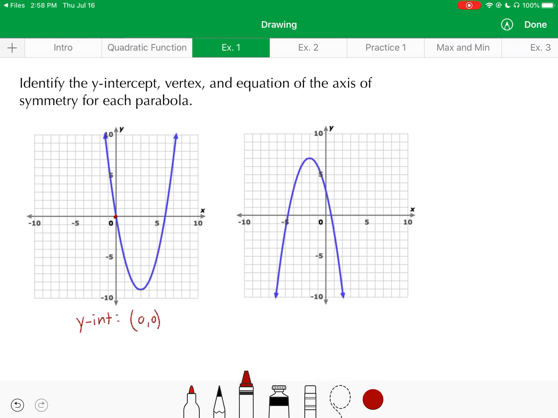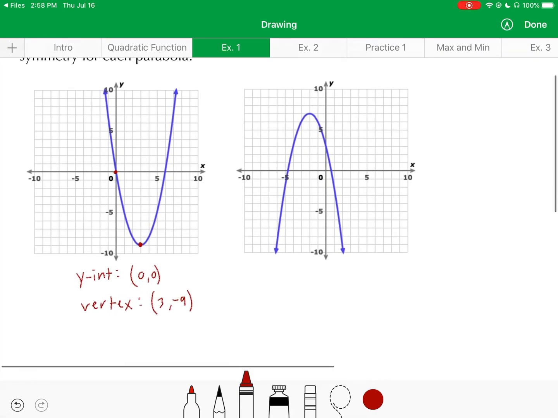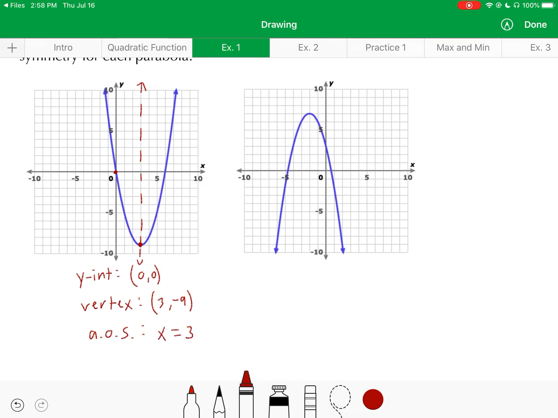And then its vertex would be this point down here, which has coordinates of 3, -9. And then the axis of symmetry would be the vertical line that's passing through that vertex. And that would simply be the equation x equals 3.